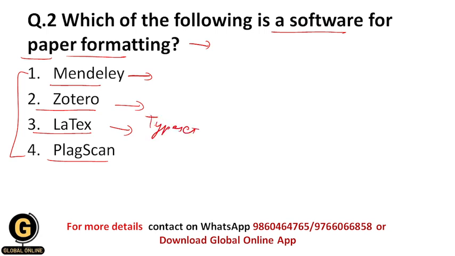It has the features for production of technical and scientific documentation, and it is de facto standard for communication and publication of scientific documents. And PlagScan is nothing but a plagiarism detection software.